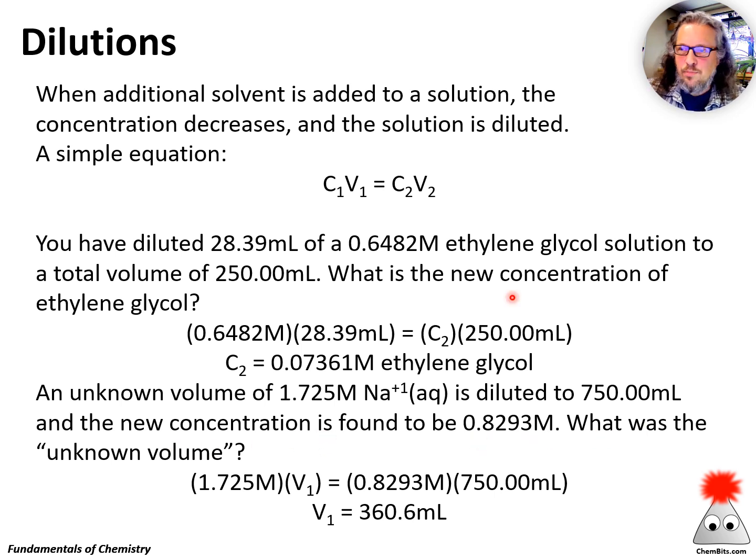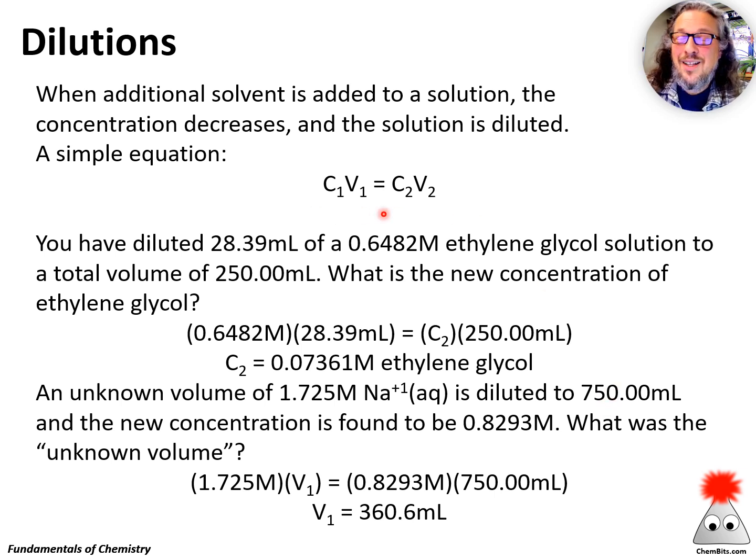Again, just plug into C1V1 equals C2V2 and solve it out. And we get that the original volume was 360 milliliters. Quick check: the concentration went down by about half, so the original amount should have been about half of the total volume in condition 2.